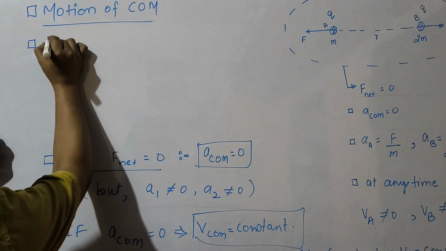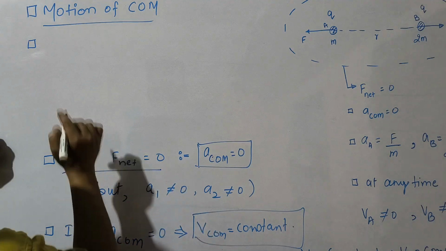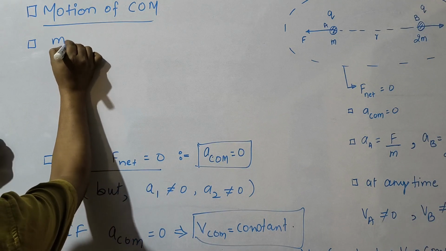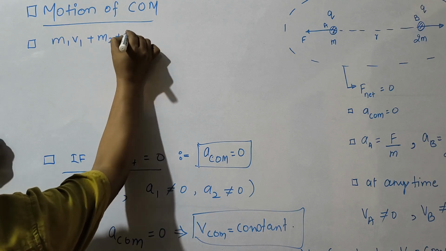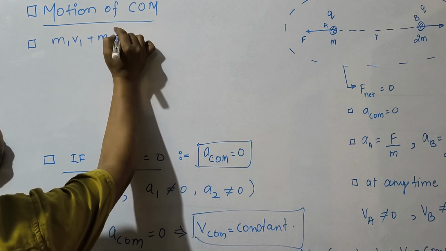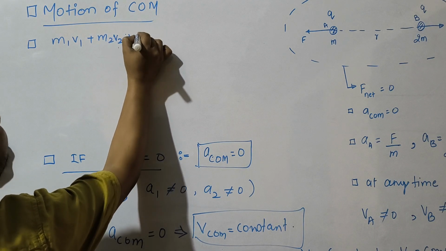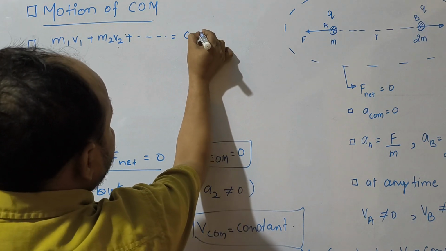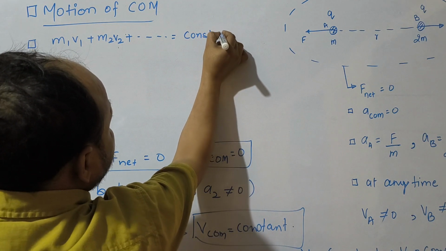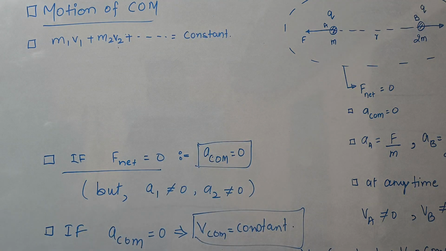If net force is 0, m1 v1 plus m2 v2 plus mn vn will remain constant. Yes, this is true, it will remain constant.